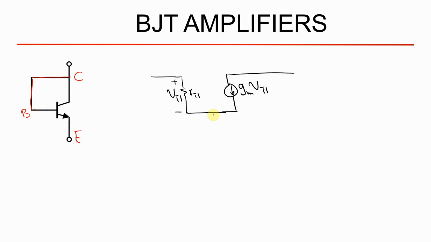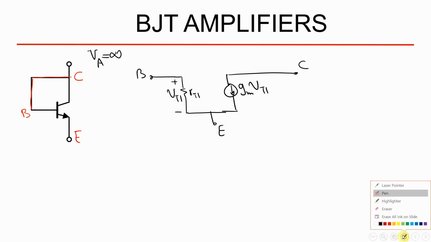And just for the sake of simplicity, we assume that the early effect is neglected, so the early voltage equals infinity. So this is the base, this is the collector, and this is emitter. And now I'm going to connect these nodes together to complete my small signal model.